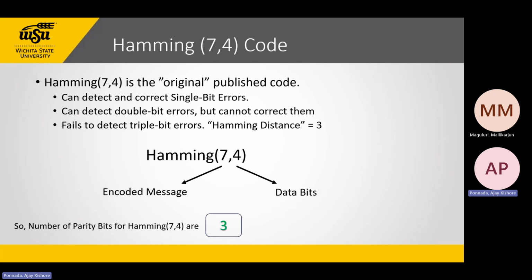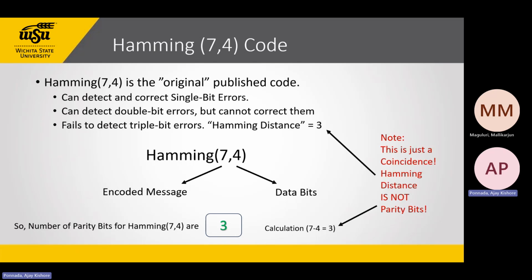So we have 4 pieces of data and a total length of 7, and 7 minus 4 is 3. That's how we got it. It's not equal to Hamming distance. Hamming distance is different from the number of parity bits. It's just a coincidence. It's not the same formula for calculating Hamming distance. This is the formula for calculating parity bits.